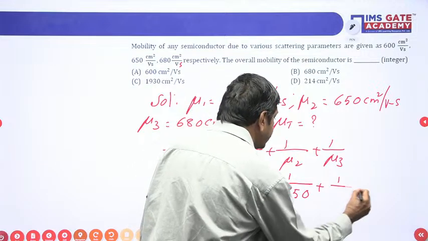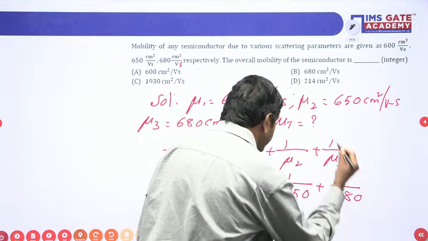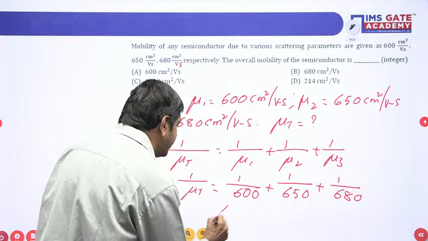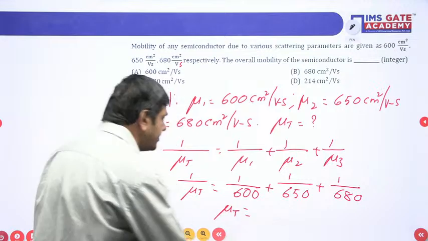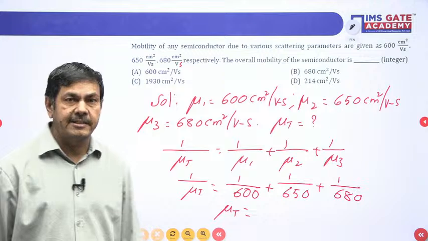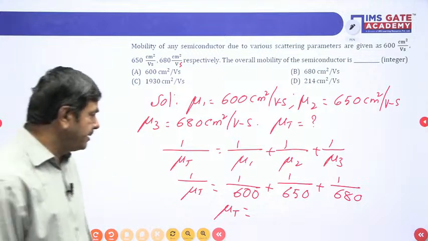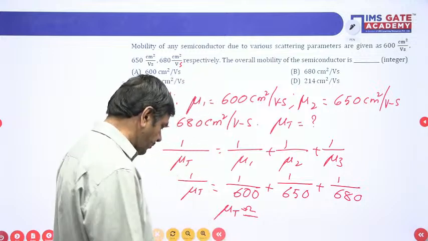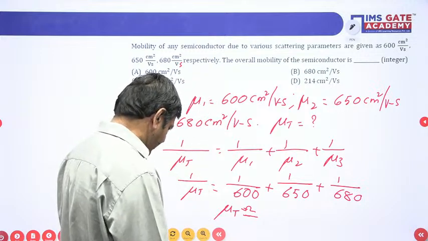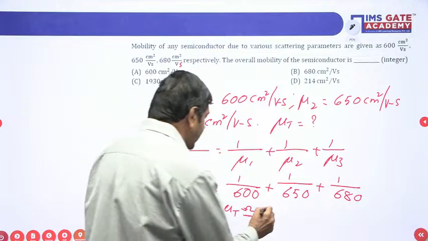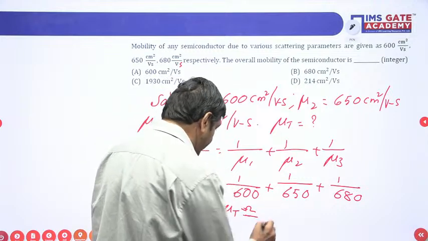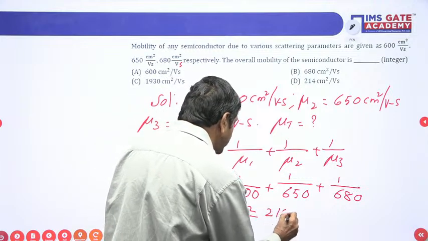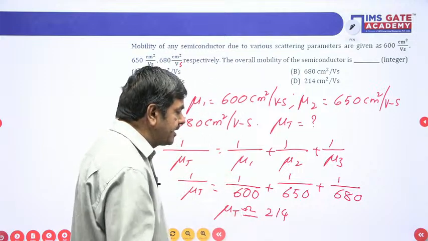Thereby the required total mobility mu-t is approximately 213.87, it comes.